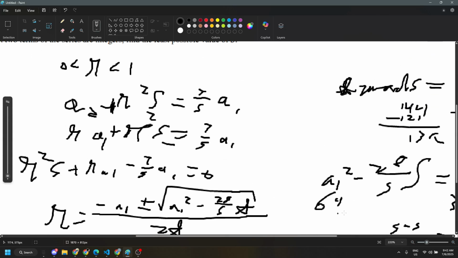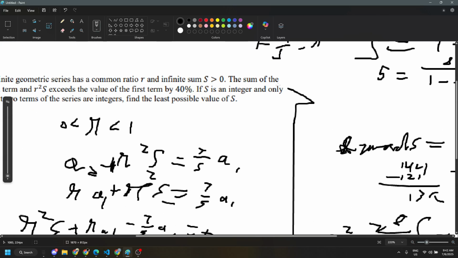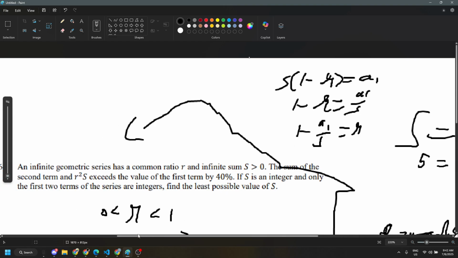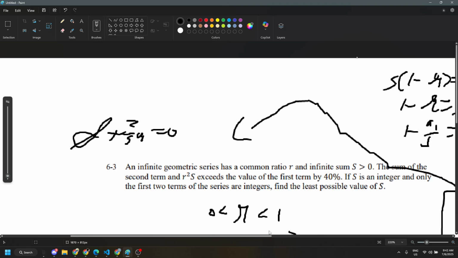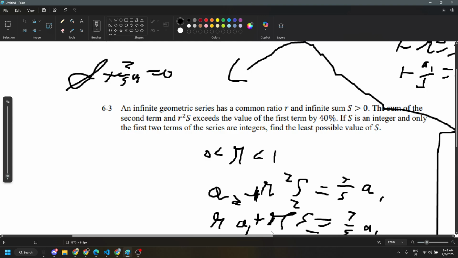Okay. Let's find a spot where I can work. So we have S plus 2 over 5 A1 equals 0. So, what do we know? Our only constraints now, since we solved a system of equations, are that these are integers.